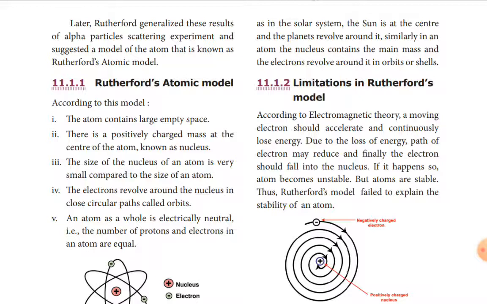If all the electrons merge with the nucleus, the atom becomes unstable. But naturally, atoms are in a stable condition, and this stability was not explained by Rutherford. This is the drawback or limitation of the Rutherford model of the atom.